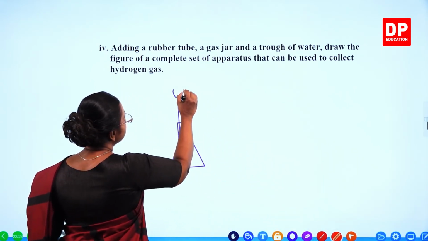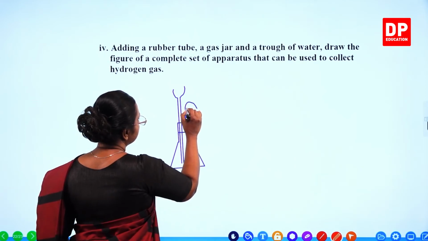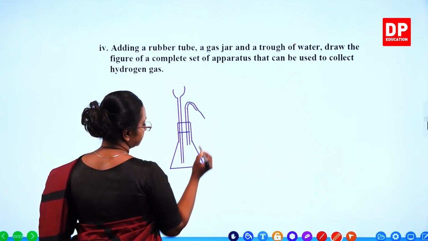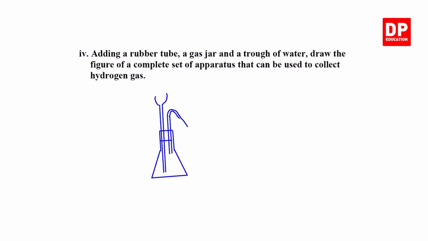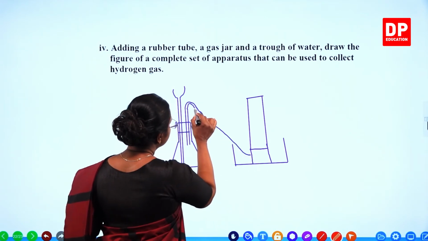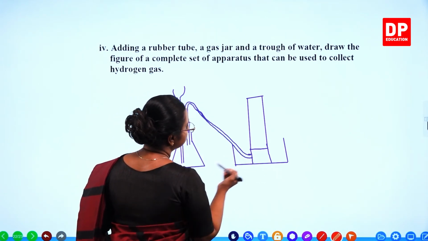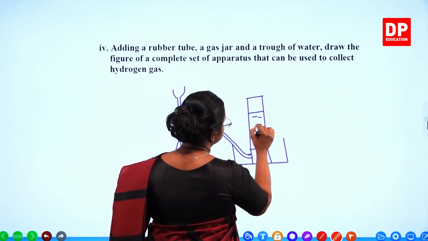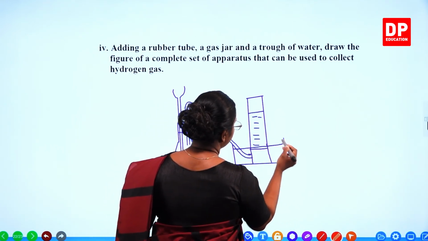So here this is the thistle funnel. We need to have the trough. In that we will have the rubber tube coming into this, and we will have water here.